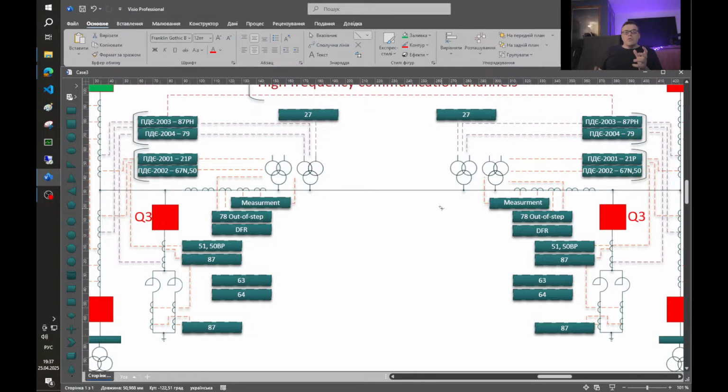With overvoltages, one of the problems is that it can be very high during a period of time while a line is connected to the grid only from one side.